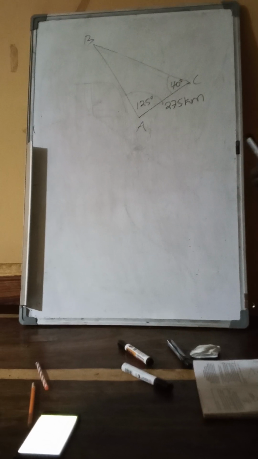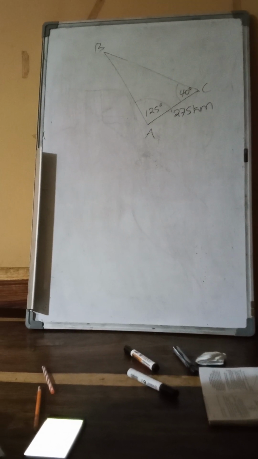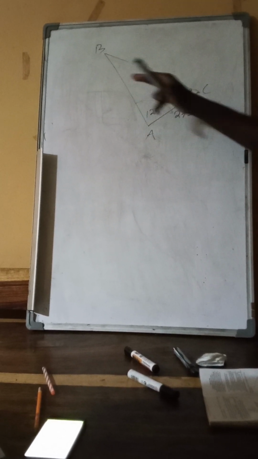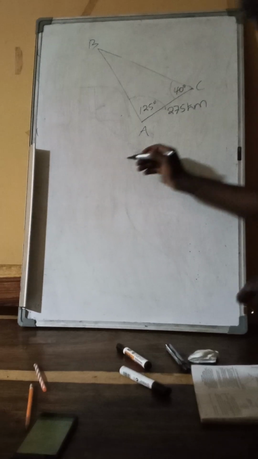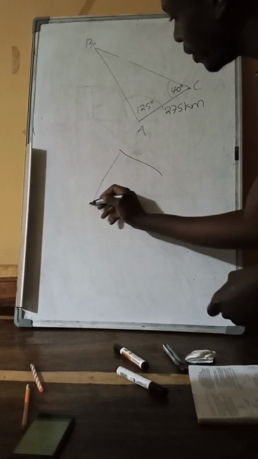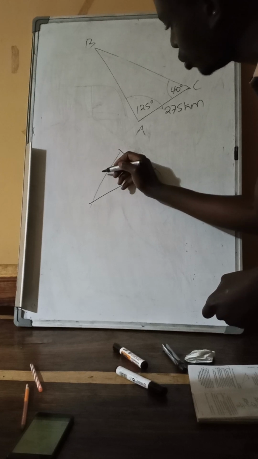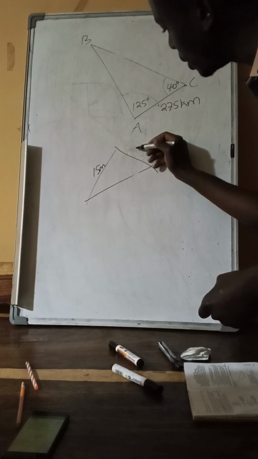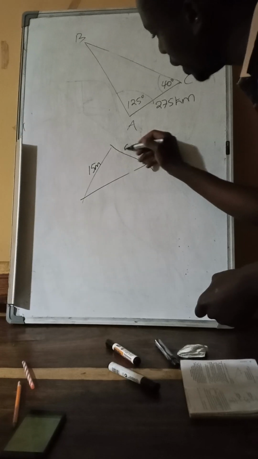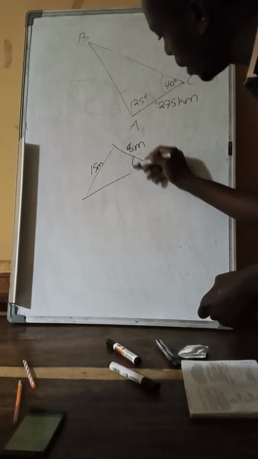Then you use cosine rule. But when you are given two angles and one side, or sometimes two sides and one angle, as long as the angle is not in between, you use sine rule. For example, I can have a triangle like that one. Maybe I'm given two sides, this one is 15 meters and this one is maybe 8 meters, then the angle is somewhere here.